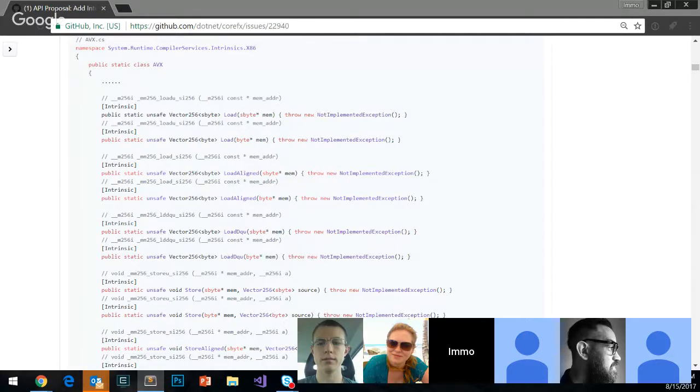I don't know how the intrinsics are implemented. How hard is it to go from a pointer to a ref or to a span? Is this rewriting everything, or is it more mechanical? Well, today, if someone wants to go from a ref to a pointer, they just have to use Unsafe.AsRef or AsPointer. So let's say we change our mind later and say pointers are bad, let's go with ref of T everywhere.